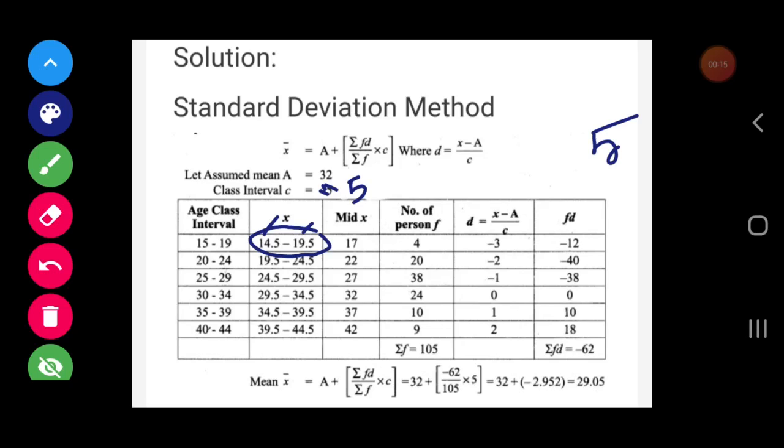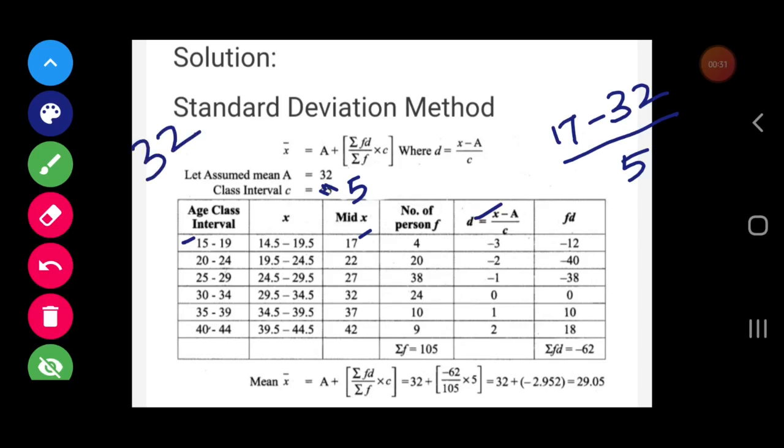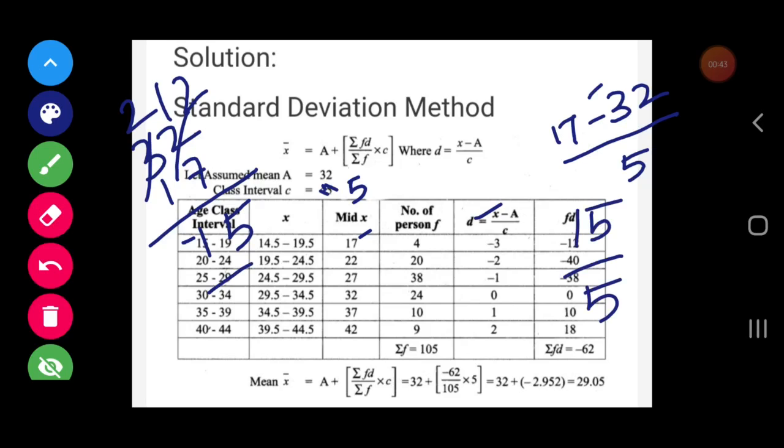Now we find the d value using the assumed mean and the class interval. For x value 17, 17 minus the assumed mean 32 is minus 15, divided by 5, so the answer is minus 3.